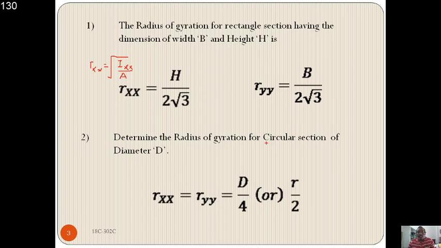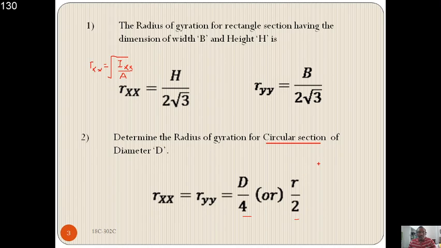Similarly, for the circular section, rxx equals ryy because of symmetry on both sides, and a circle is infinitely symmetric. Hence the value of r can generally be termed as r is equal to d by 4, or small r by 2, radius by 2. Here d is the diameter and r is the radius.